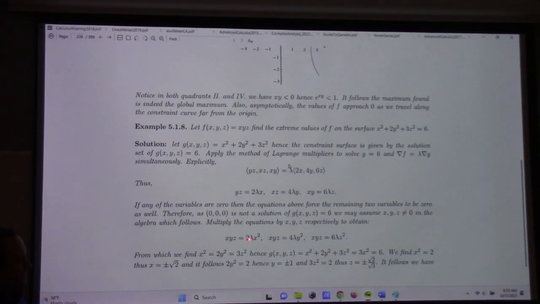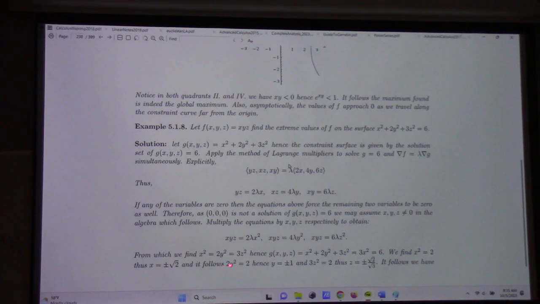I get then 2 lambda x squared equals 4 lambda y squared equals 6 lambda z squared, which then, of course, gives me x squared equals 2y squared equals 3z squared, which I can then shove into the constraint equation up here, and that gives me 3x squared equal to 6, which then tells me x is equal to plus or minus root 2.